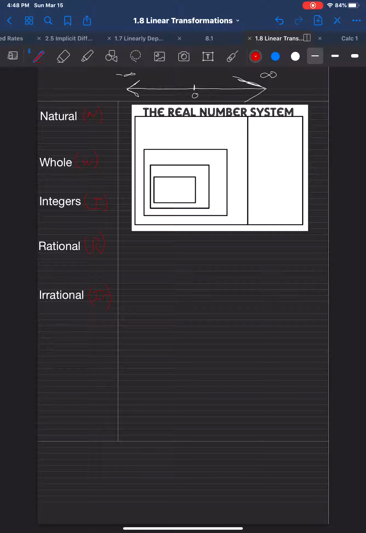At this stage we're focusing on only the real numbers, so the numbers that lie on this axis above, from negative infinity to positive infinity, which makes up the bulk of the numbers that you use every day. It makes up every number that you could think of, pull out of the top of your head, should be located somewhere on this number line from negative infinity to positive infinity.